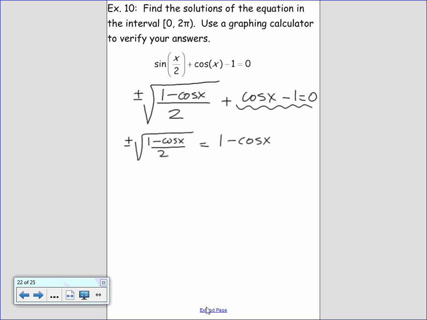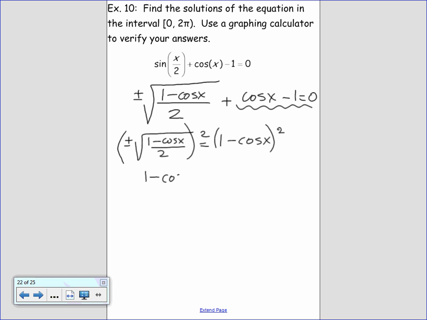I'm doing that so I can get rid of the square root, and I'll get rid of the square root by squaring both sides. Please make sure that you note you've just squared both sides. You've made the problem bigger than it was initially, so you eventually need to check for extraneous solutions.